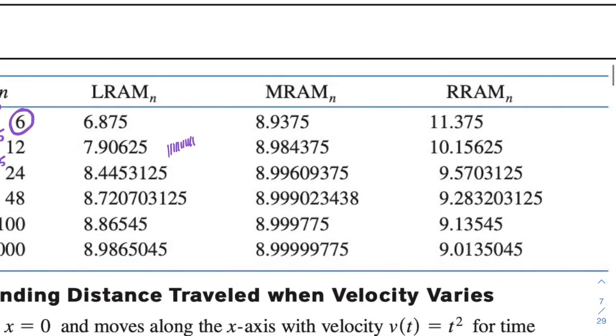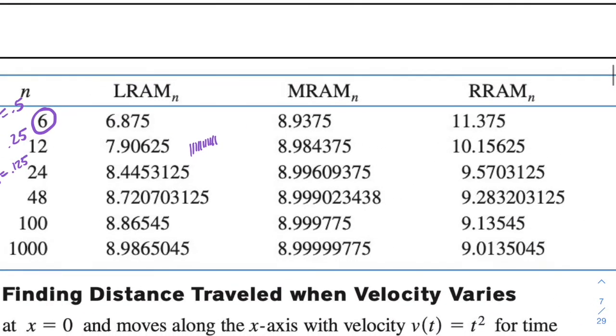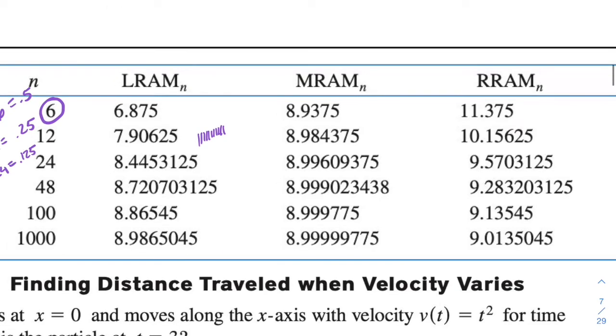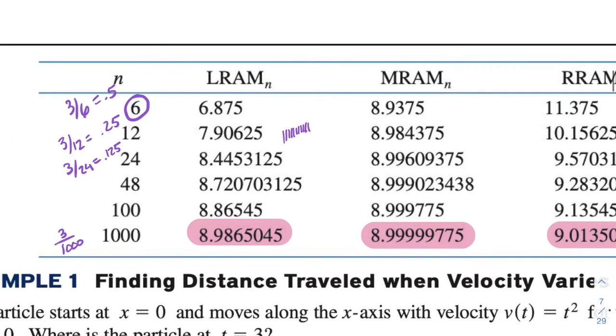So what conclusion can we make the more subintervals we have? And I want to give you some thinking time for this one, but I would say that the more subintervals we have, and those are the subintervals, n, the closer to the exact answer, the exact amount of area, we get.